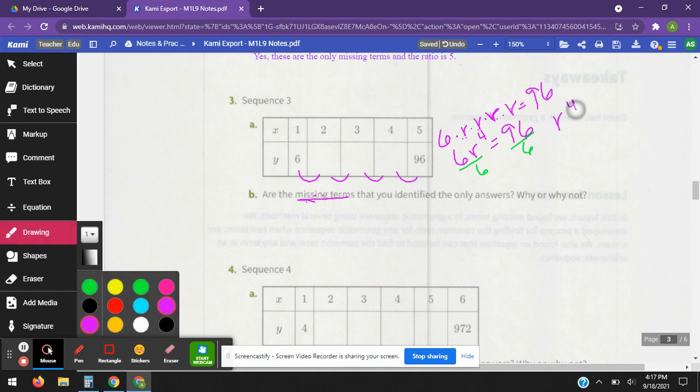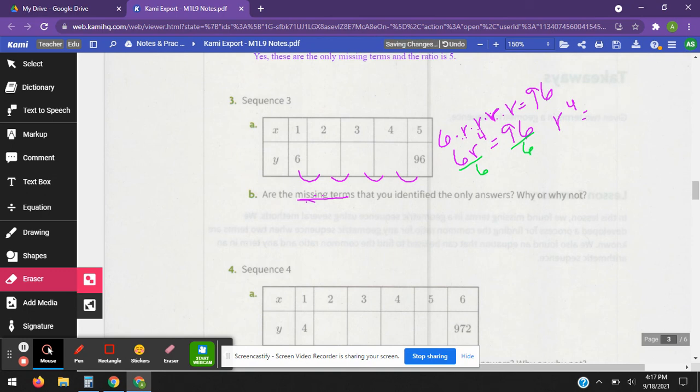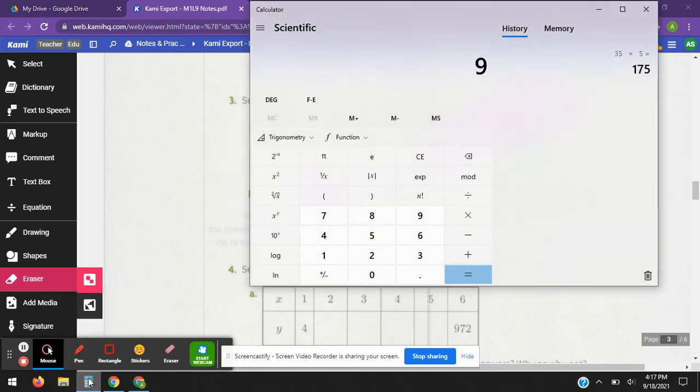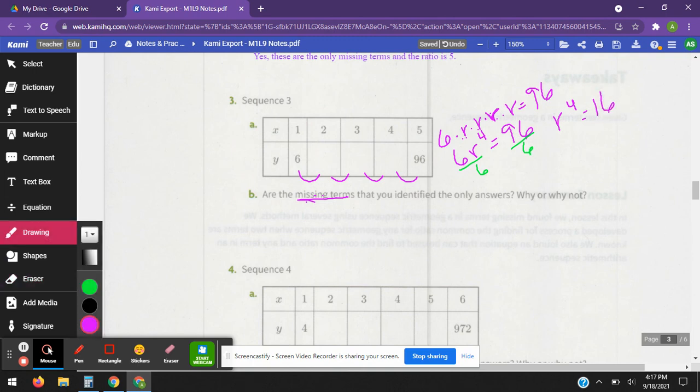So r to the 4th equals, oh, not 96, getting distracted here. 96 divided by 6 is 16. So r to the 4th equals 16. Now I need a 4th root.